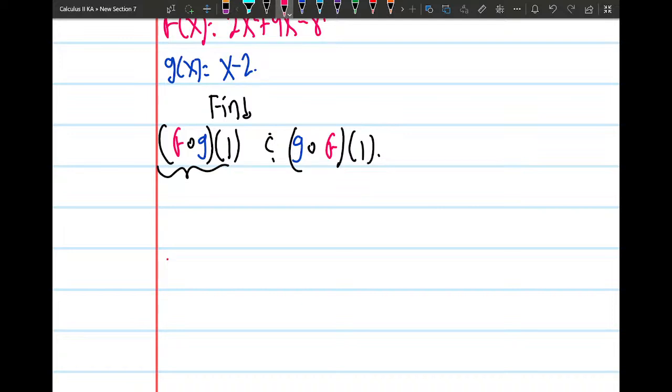We can say f composited of g of 1 is equal to f bracket of g of 1, so g of 1.